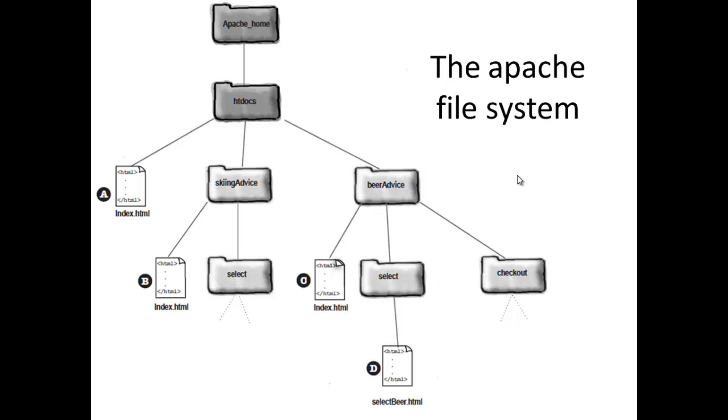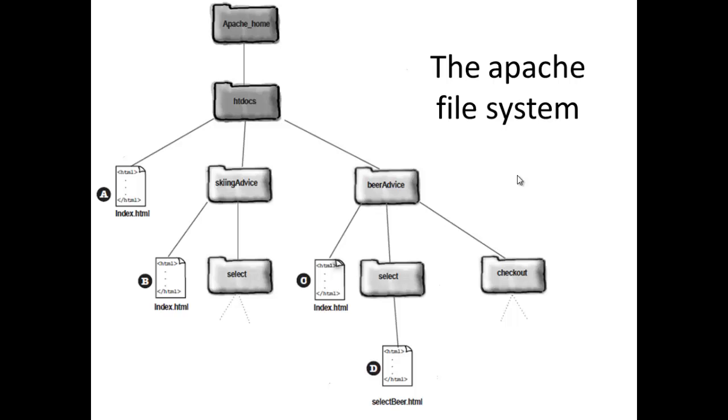It is the home, htdocs, and then there are applications underneath it. So when you come with a put or get request, you pass through that. This is the index that helps locate the particular application, and these are the paths.